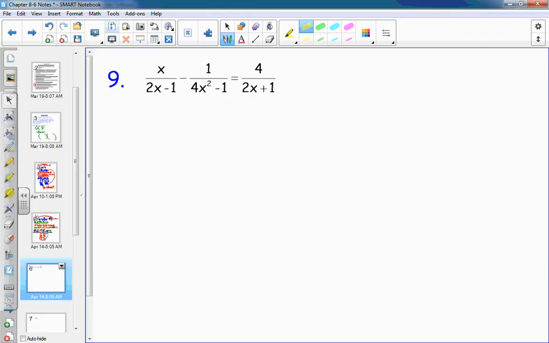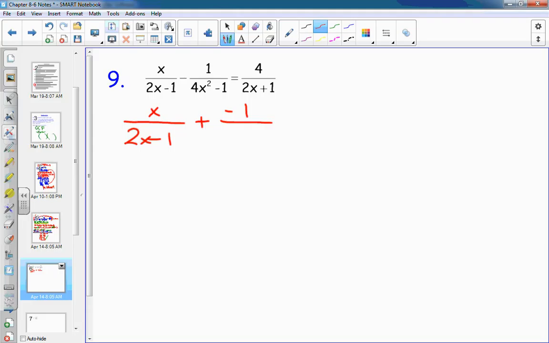You want to look at each denominator and say, hey, can I factor this? So if I look at my first denominator, can I factor that denominator? No, I cannot, so I leave it alone. Change my subtraction to what? Addition, making that 1 become negative, and then I look at the next denominator, 4x squared plus 1.